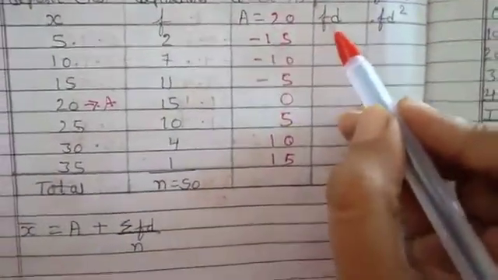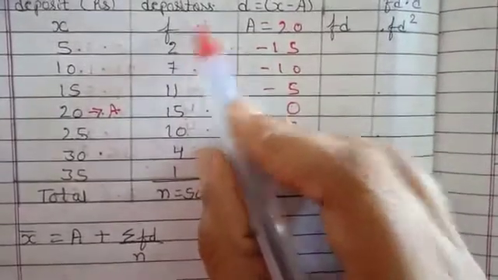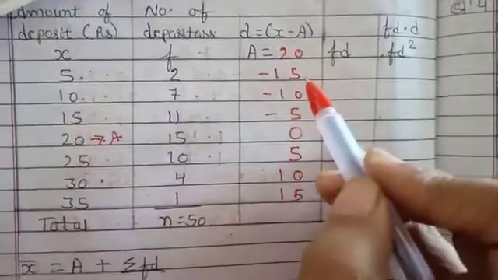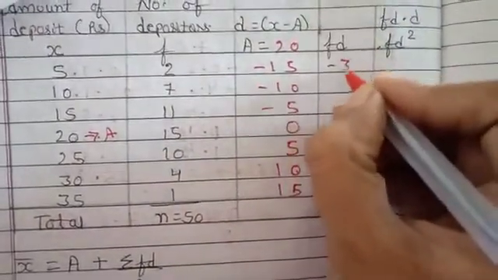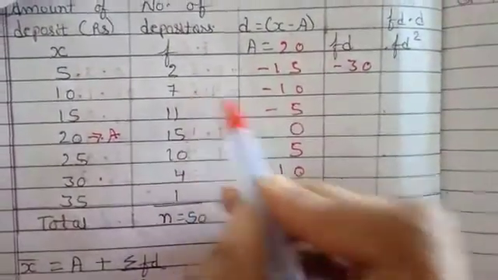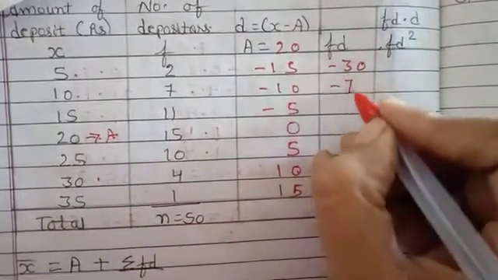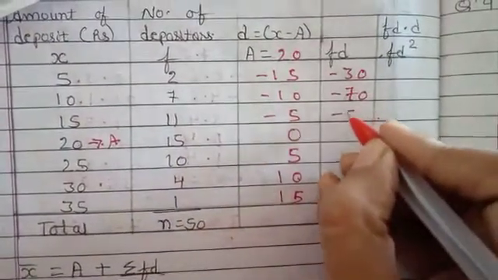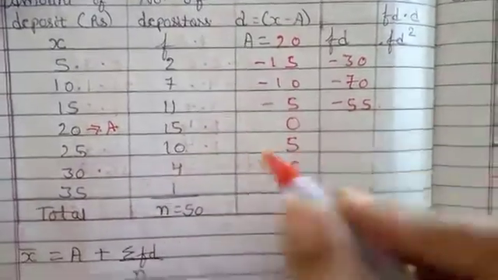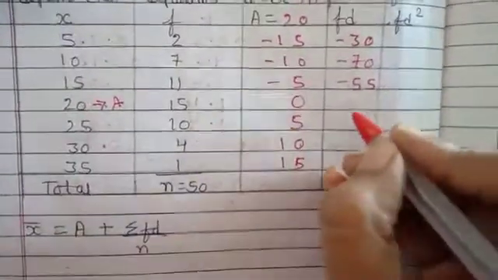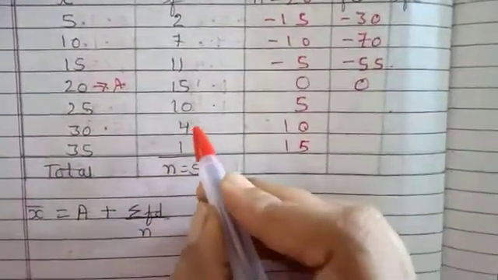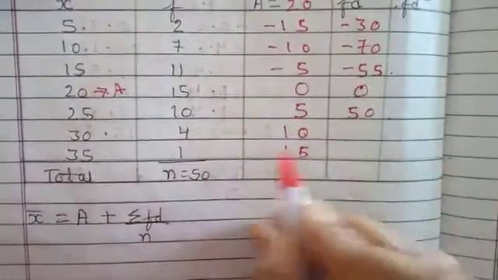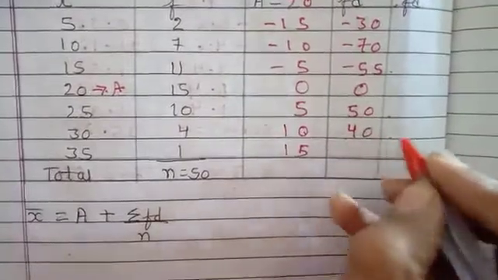Now I have to find FD, that is the F frequency column multiplied by your D column. So 2 multiplied by minus 15 will give minus 30. 7 multiplied by minus 10 will give you minus 70. 11 multiplied by minus 5 will give you minus 55. 15 multiplied by 0 will give you 0. 10 multiplied by 5 will give you 50. 4 multiplied by 10 is equal to 40.